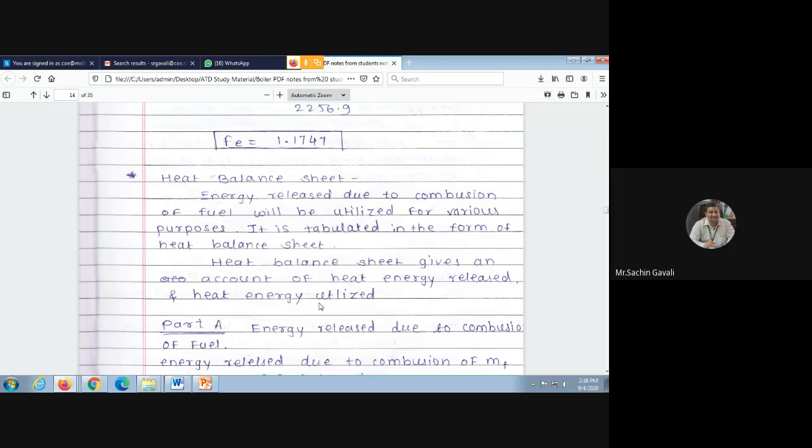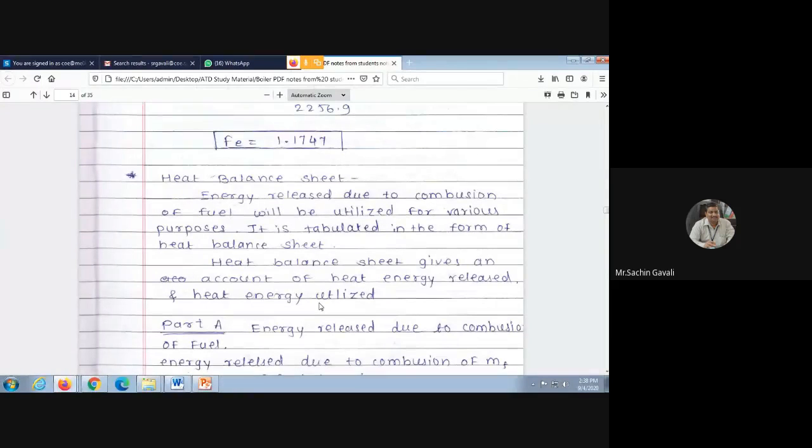It means that only 60 to 75% of heat supplied to the boiler is used. Through combustion we supply heat to the boiler, calculated with the formula mf into calorific value. Out of the total heat supplied to the boiler, only 60 to 70% heat is utilized to convert water into steam.